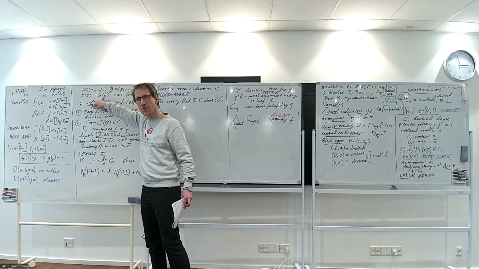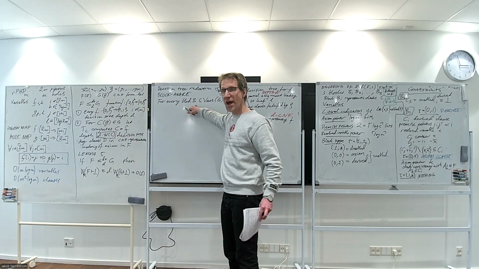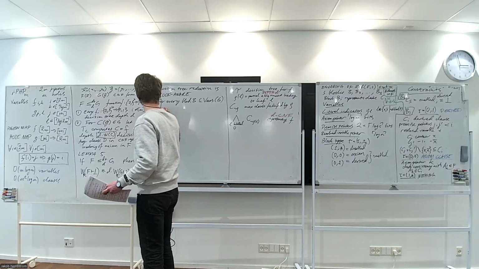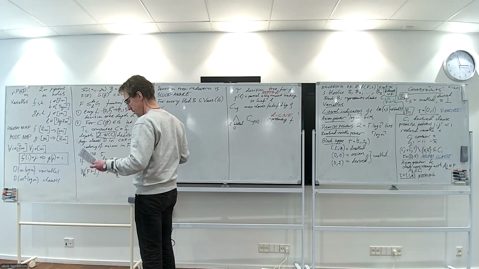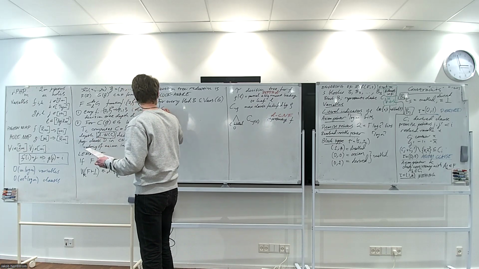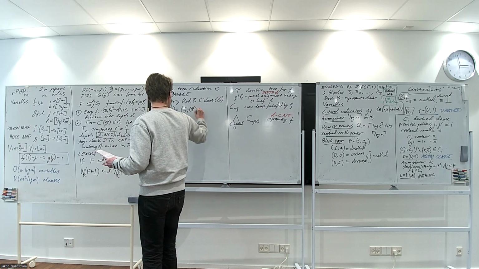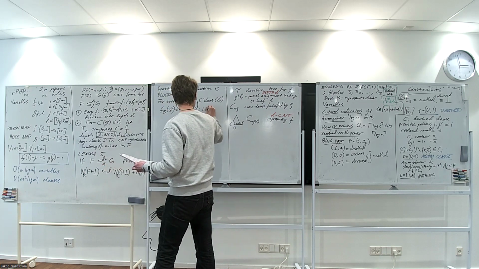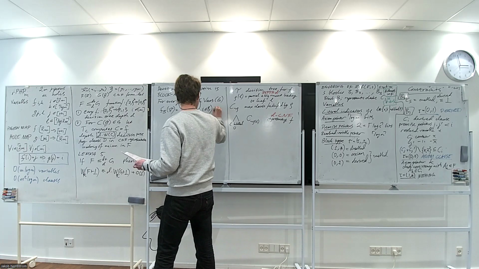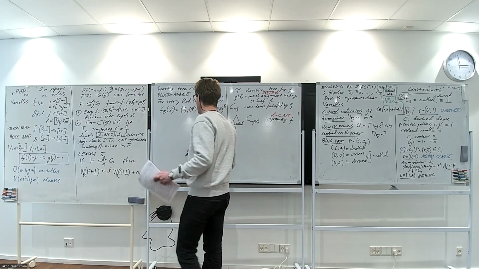Suppose G comes with a block partition, then we have a block aware reduction if for every block, when I want to compute F block of X, what is this? This is the vector Fi of X for all i's in the block. This is a vector that lives in {0,1} to the block.